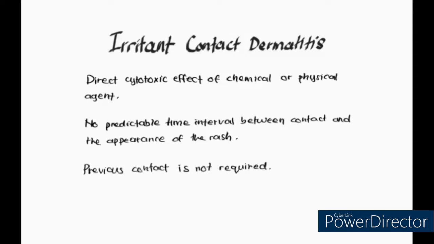Irritant contact dermatitis (ICD) is a cutaneous inflammatory disorder resulting from activation of the innate immune system by the direct cytotoxic effect of chemical and physical agents. The dermatitis occurs soon after the exposure, and there is no predictable time interval between contact and the appearance of the rash.